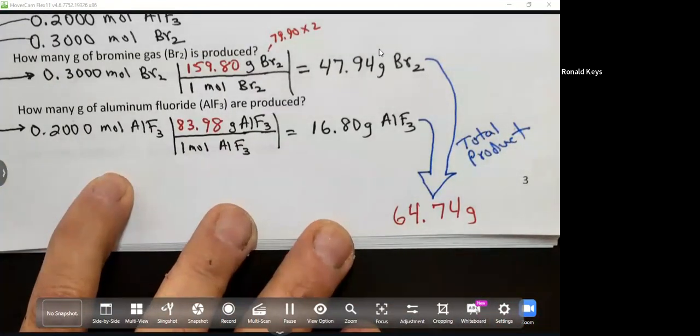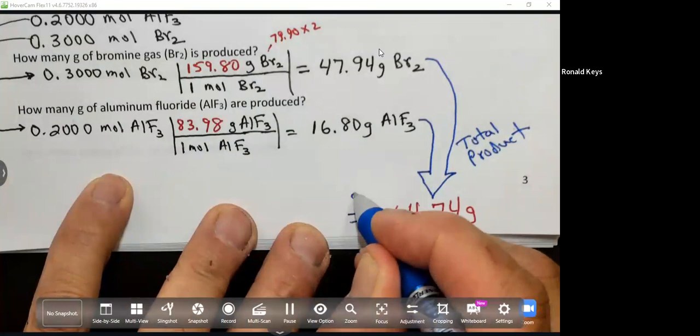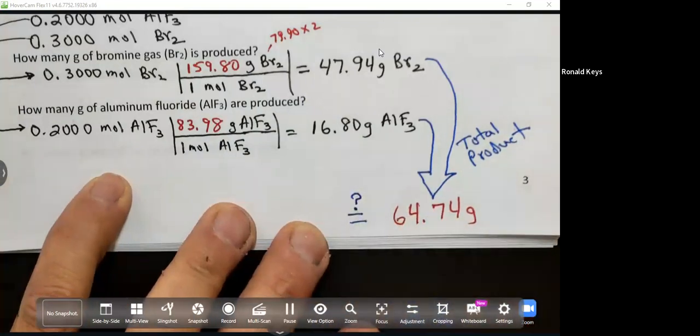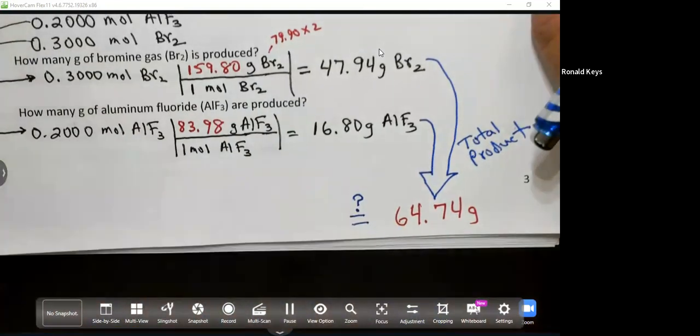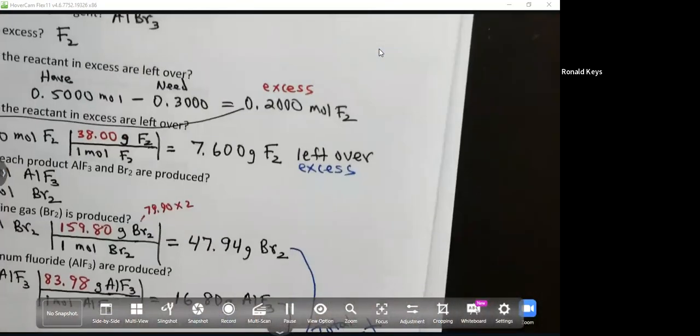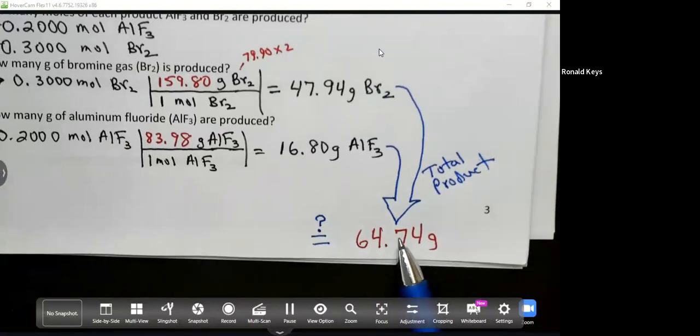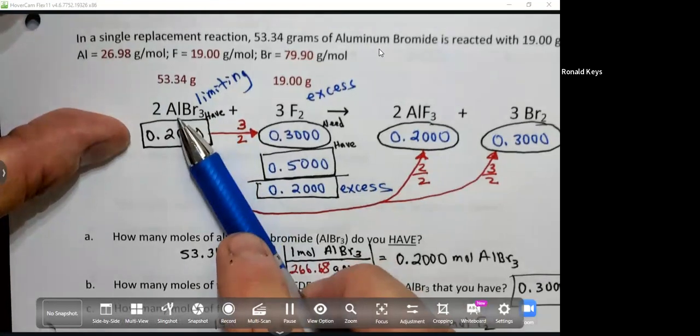That better match. The question is, does this match my total grams of reactant that reacted? My total grams of reactants, plural, that reacted. Well, let's go back up here. Going into this 64.74 grams is the 53.34 grams of limiting's gone, correct?